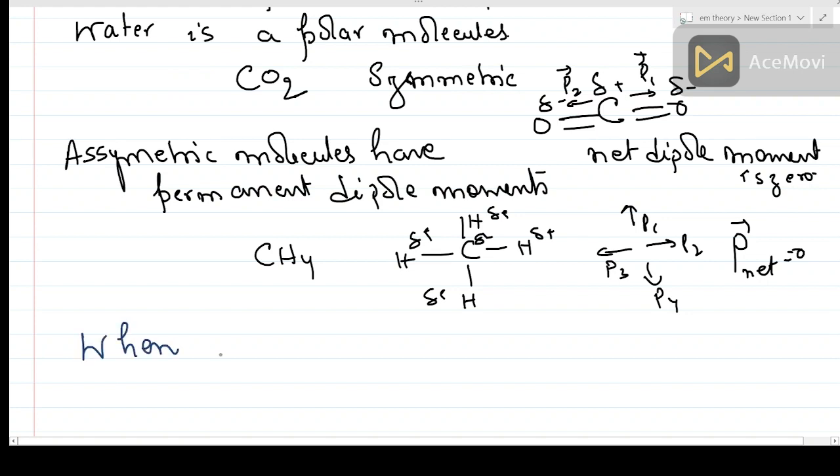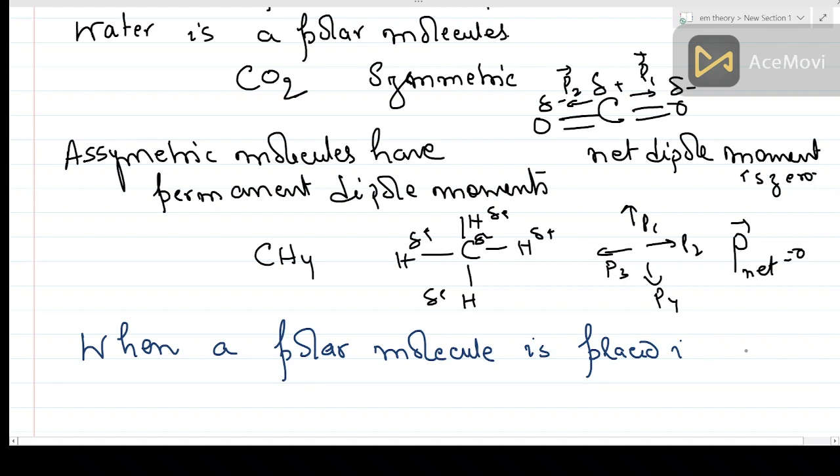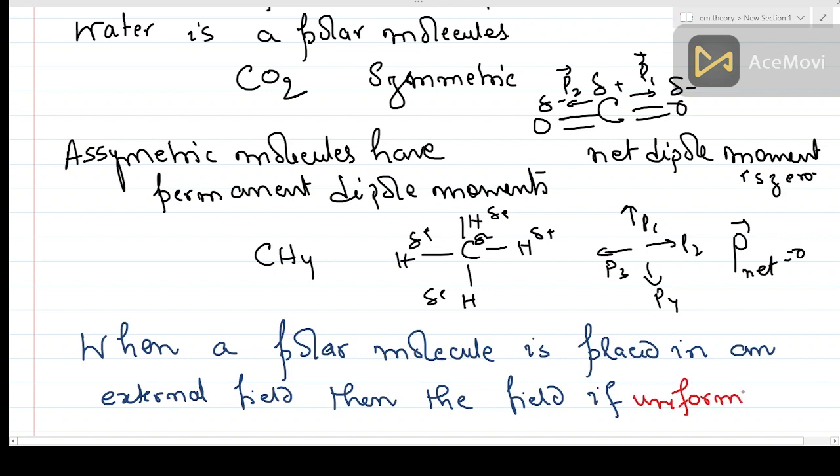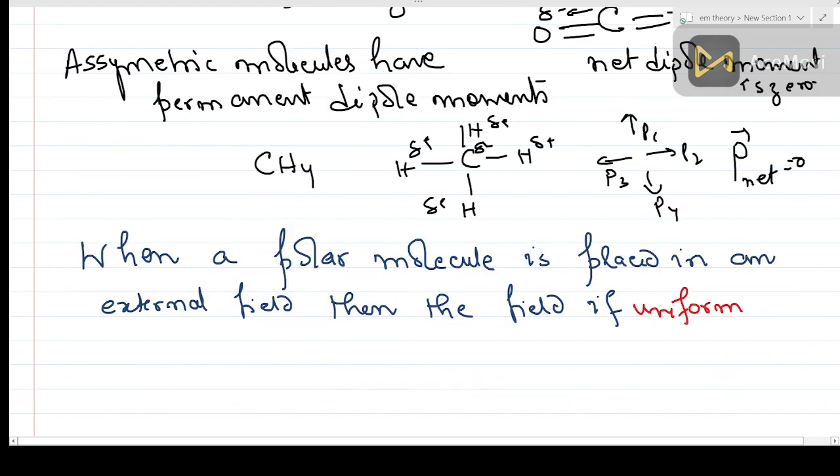When a polar molecule is placed in an external field, there are two situations, and we will consider each. If the field is uniform, it means it is the same at all points in space, homogeneous.